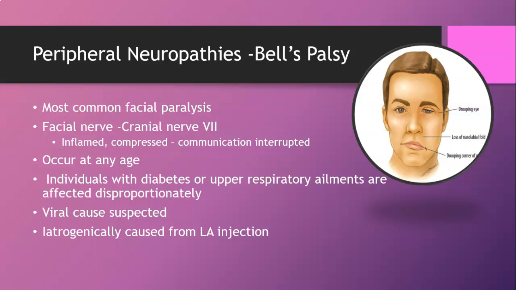You usually don't see it younger than 15 or older than 60. And so this is where individuals with diabetes or upper respiratory ailments are disproportionately affected by Bell's palsy. And viral causes are actually suspected. And it can be iatrogenically caused from oral surgery or local anesthetic injection as well.